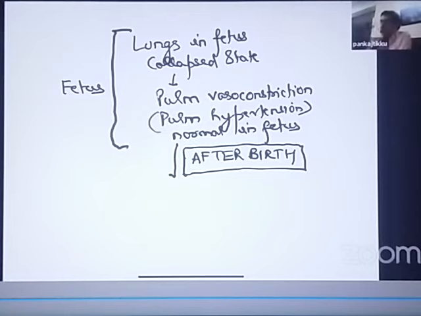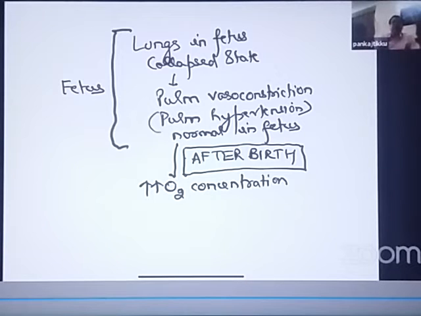As soon as the newborn takes in air, there is an increase in oxygen concentration, because now the child is breathing a high amount of oxygen in the atmosphere. The oxygen in the intrauterine environment is very low, but the oxygen concentration in the extrauterine environment outside is 21 to 22%, so it's very high. So the child starts breathing a high amount of oxygen the moment the child is born.